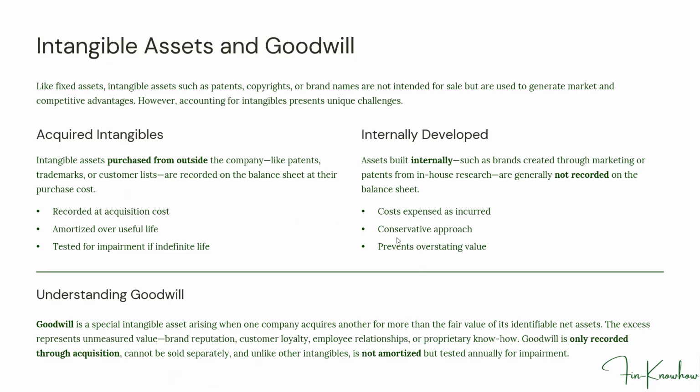If you see a balance sheet which shows no intangibles recorded, that doesn't mean that the company does not have intangibles. All it means is that those intangibles are likely developed internally, and so there is not a mechanism to pick that up on the balance sheet. Those are the two main types of intangible assets: acquired intangibles and internally developed intangibles from a financial statement standpoint.